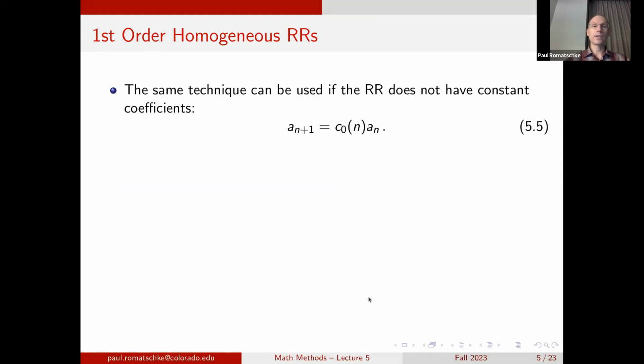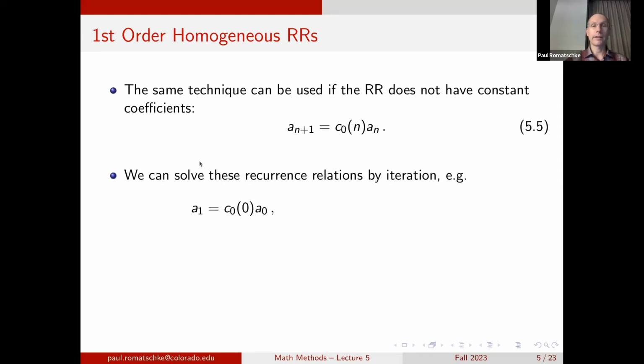Turns out we can use the same technique to solve recurrence relations that do not have constant coefficients, so those where C_0 is a function of n. We proceed along the same lines, so we start writing out the recurrence relation for n is 0, which is a_1 is C_0(0) times a_0.